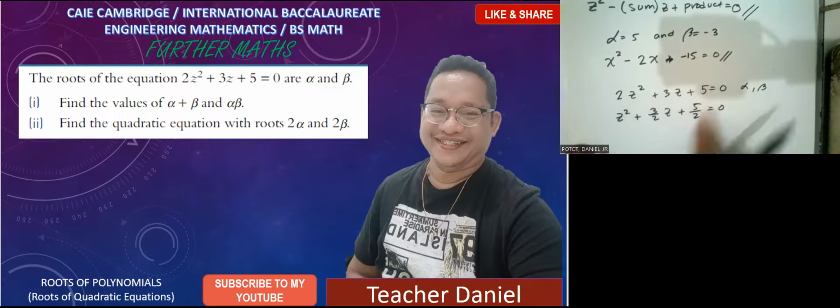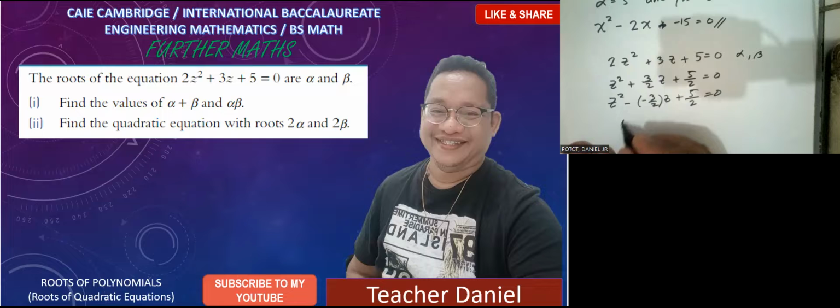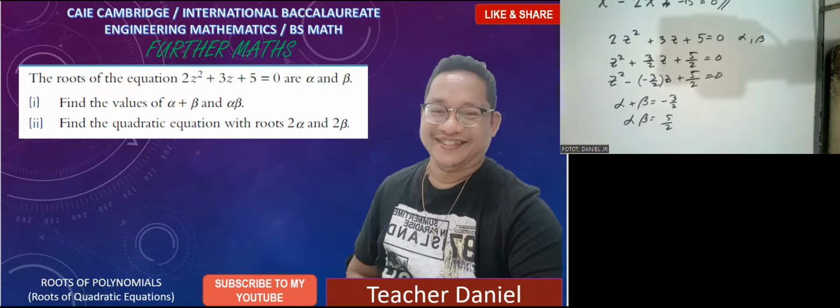I only divided each term by 2. Again, the equation has minus the sum, so let's write z squared minus the negative of 3 over 2 z plus 5 over 2 equals 0. What it means is that alpha plus beta is equal to negative 3 over 2, and alpha times beta is equal to 5 over 2. That is the answer to the first question.